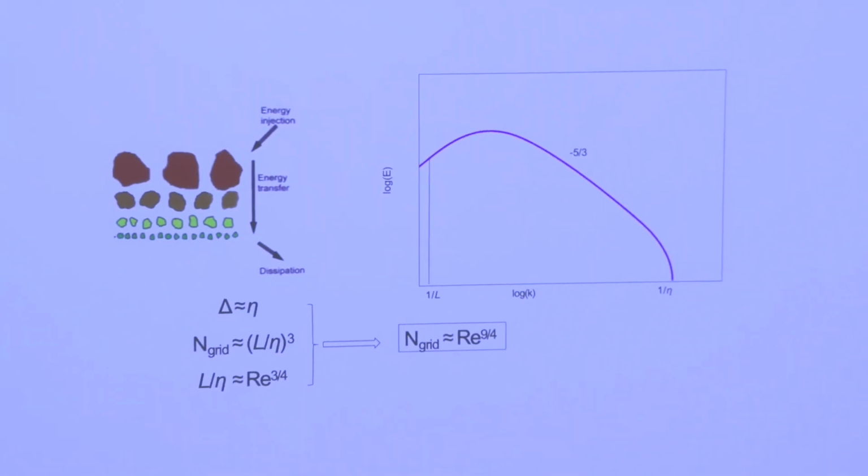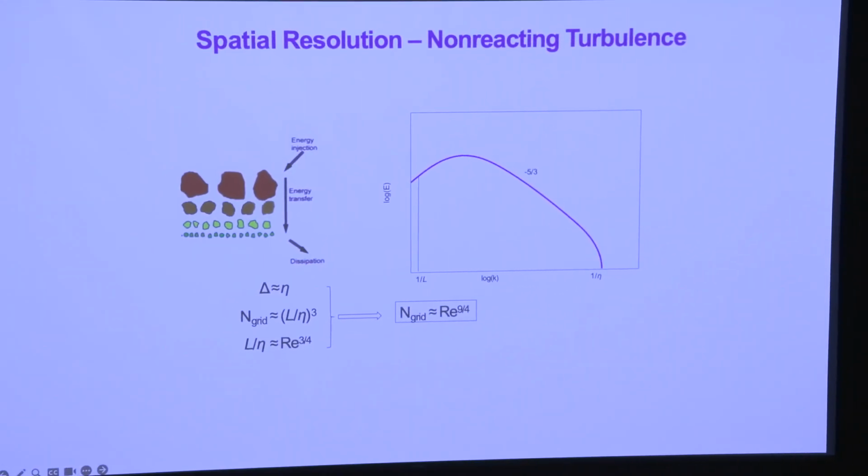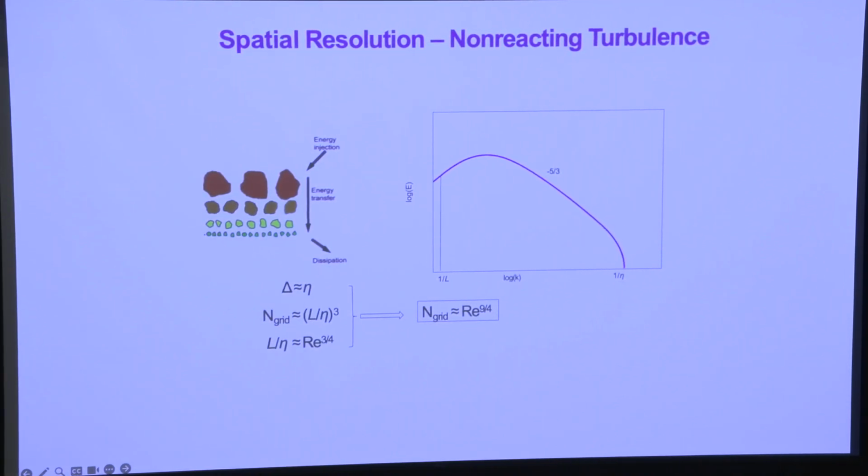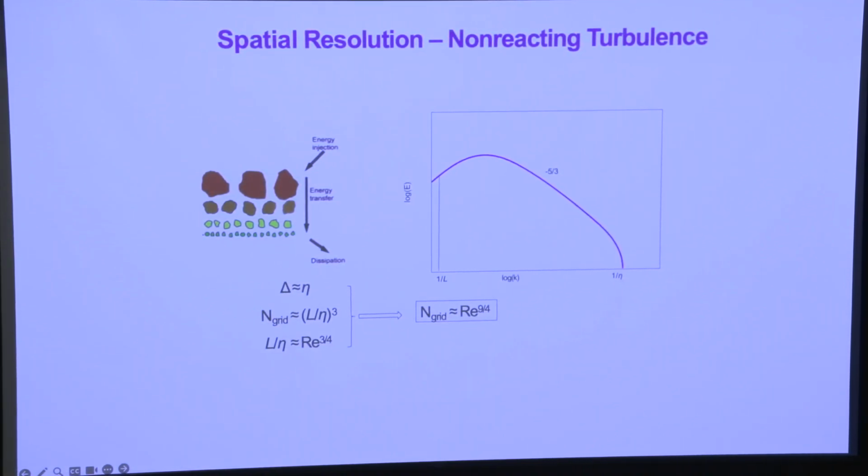And so the upshot of this is that for non-reacting turbulence, if you look at the energy cascade, log of the energy plotted here versus log of the wave number, we have the energy containing length scales at 1/L, goes through an inertial range where the fall off is k to the minus 5/3, and then it has an exponential decay down to the place where viscous dissipation dissipates all that energy.